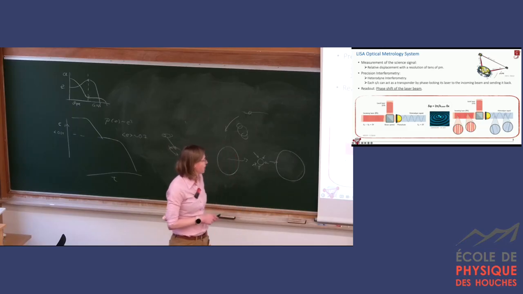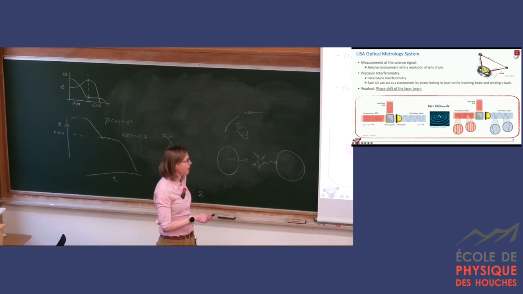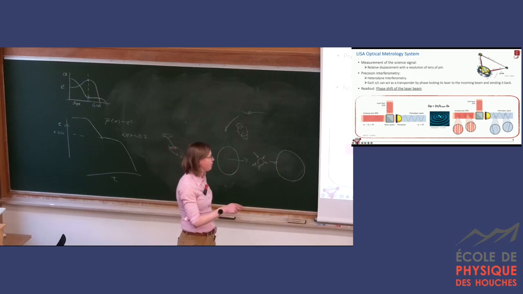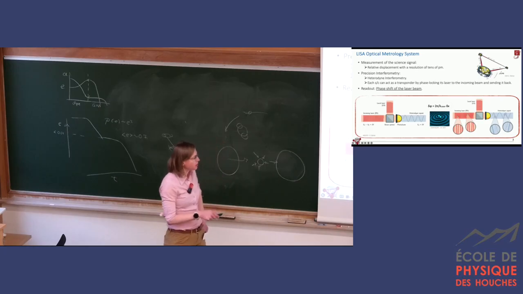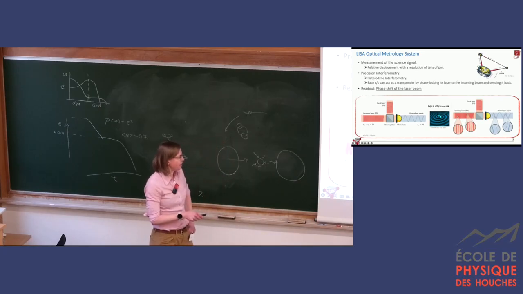We have the incoming laser light, our RX from the far spacecraft, and we have a local oscillator from the local laser. We beat those two against each other, and what we actually measure on our detector is the difference in the frequency.